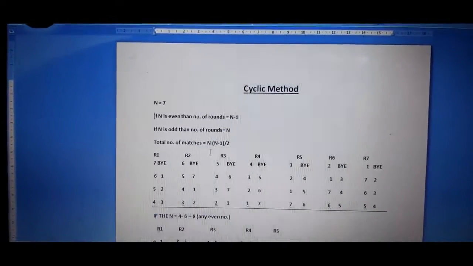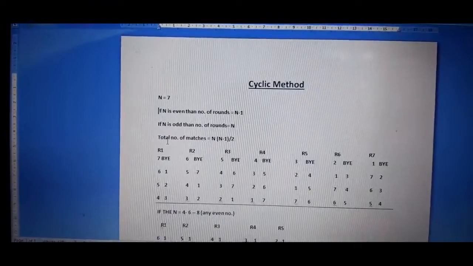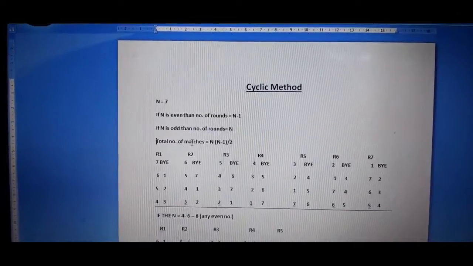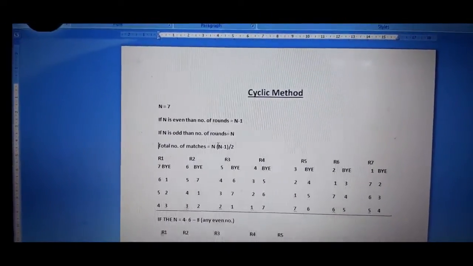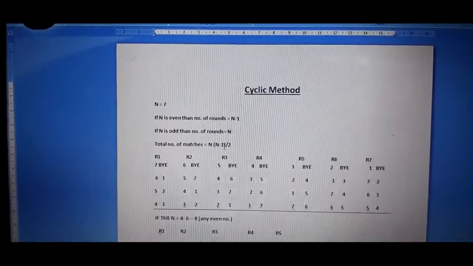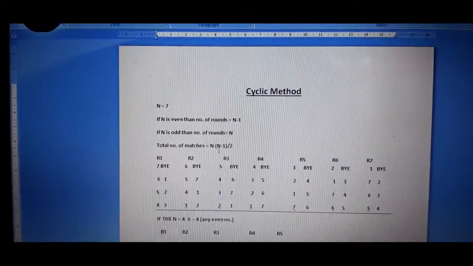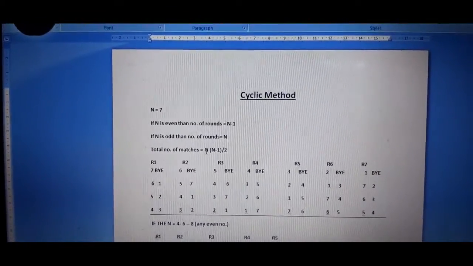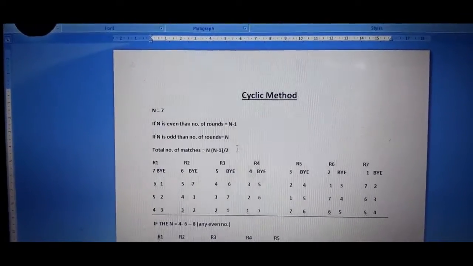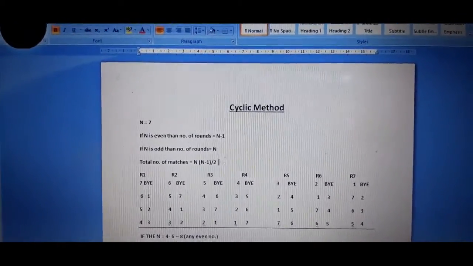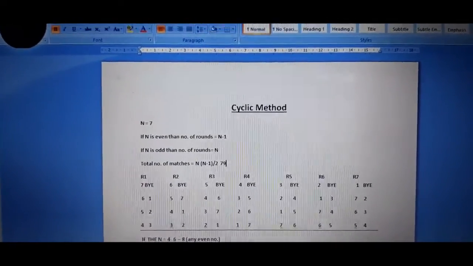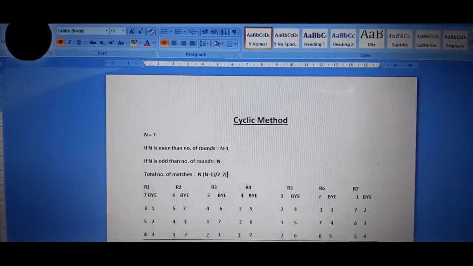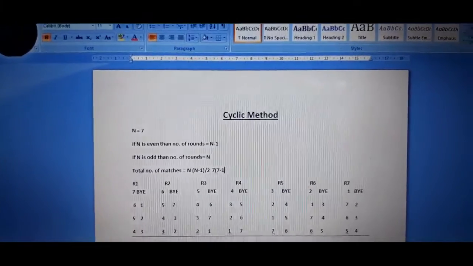Now what next you have to write over here is the total number of matches. Here it is total number of matches, that is n, bracket open, n minus 1, bracket close, upon 2. So n is 7, so we calculate 7 into bracket 7 minus 1 bracket close.